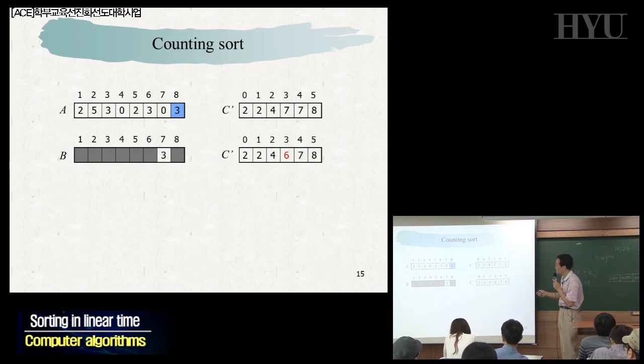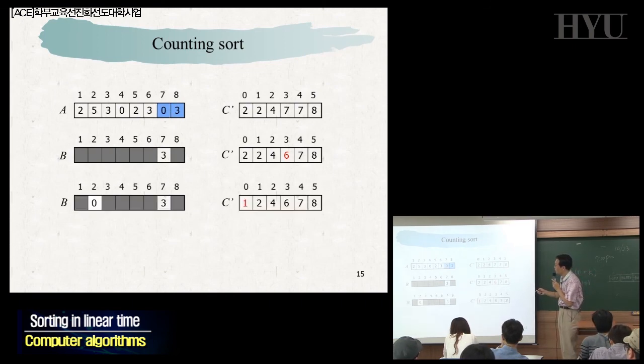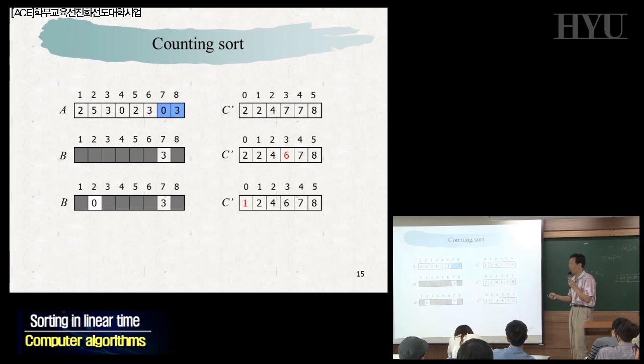And let's see. The next element is 0. So we access the zeroth entry of C prime, and it's 2. So we place 0 in the second place, and then we decrement it by 1.